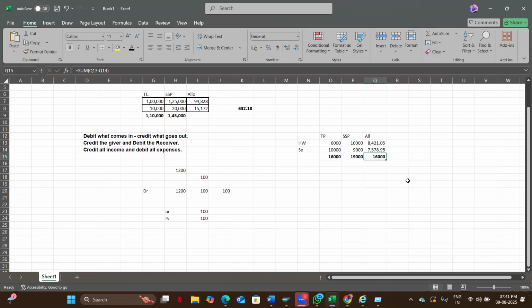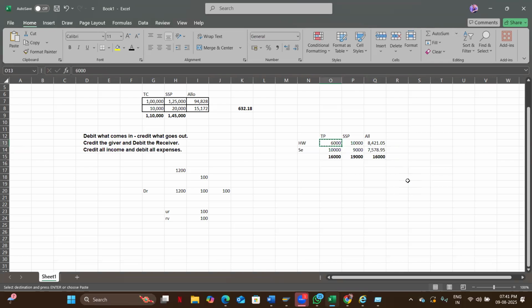Okay, in this case, suppose there is only one product with transaction price 6,000 and SSP 10,000, how will we calculate it if there is a single line item? If it is a single line item, whatever the transaction price is, the same will come as the allocation price.